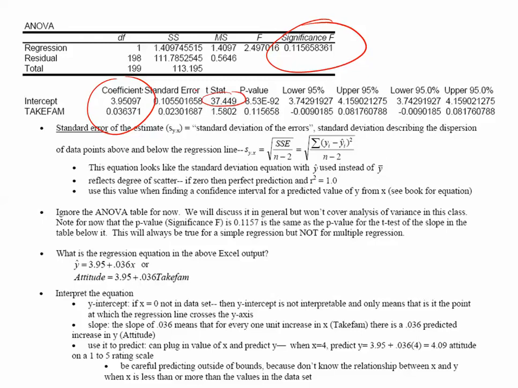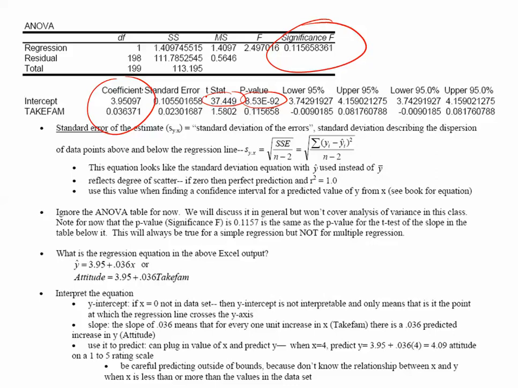We can reject that null hypothesis because our t-statistic is greater than 2, in fact much greater than 2, and our p-value is much less than our alpha. So we could say that 3.95 is 37 standard errors away from 0. So we can say that there's a statistically significant, and in this case positive, y-intercept.